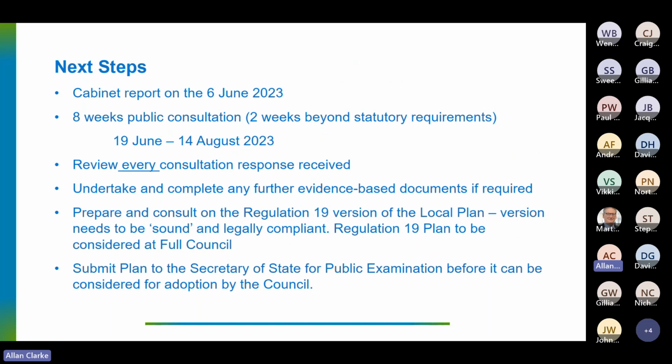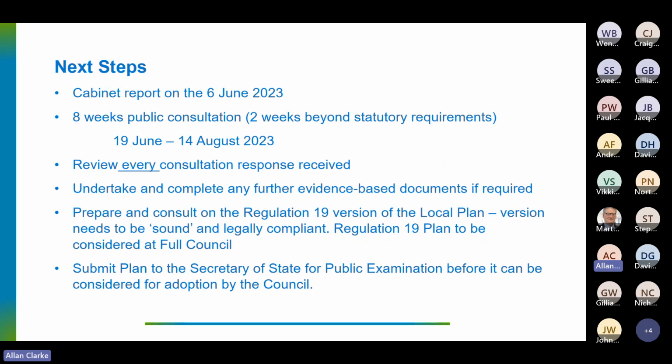So in terms of next steps, Cabinet received the report on the 6th of June and agreed to consult on the plan. As I've mentioned previously, we've got an 8-week public consultation, which is 2 weeks beyond the statutory 6-week requirements. The consultation starts on Monday and runs until the 14th of August. We'll then review every consultation response we received and undertake and complete any further evidence base required to support the plan proposals.